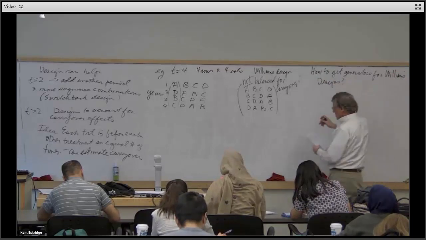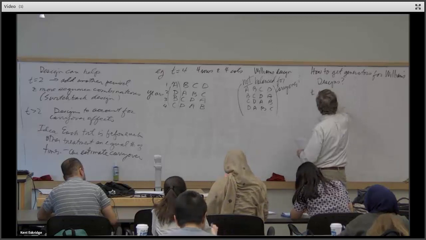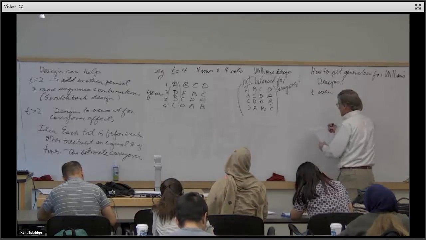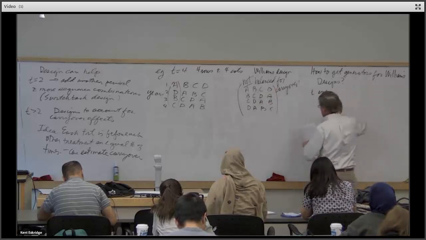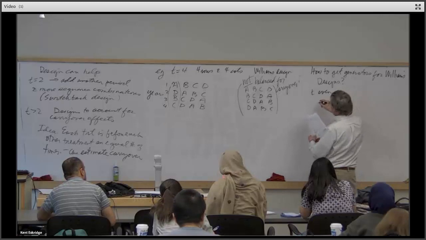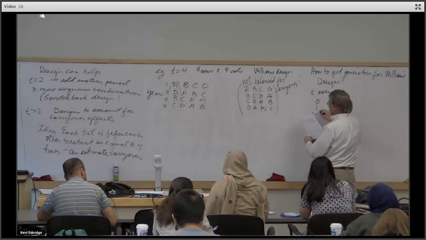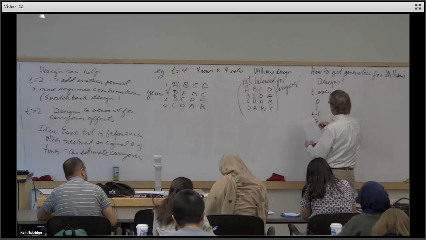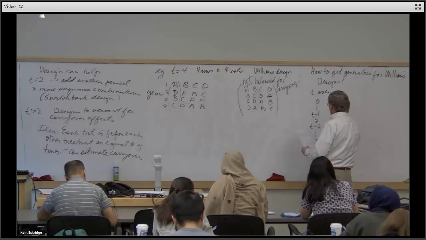Well, I'll just tell you, if T is even, then the rows are like what I'm talking about here. Then a generator, when T is even, we'll only have one of them. It'll be 0, 1, T minus 1, 2, T minus 2, all the way down to T over 2.